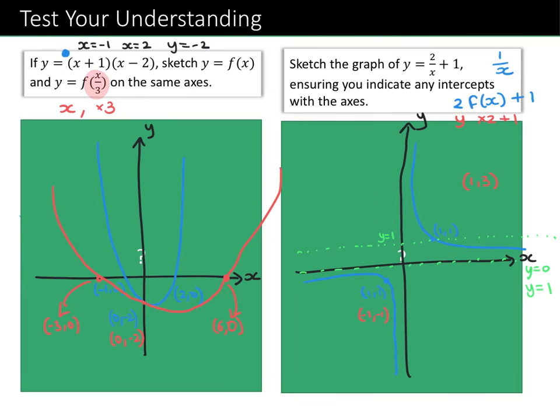So now how it's going to look is like this. Now you can see it's never going to cross this asymptote line. And on this side, it's going to look a bit more like that. Okay? So this is how it's going to look.